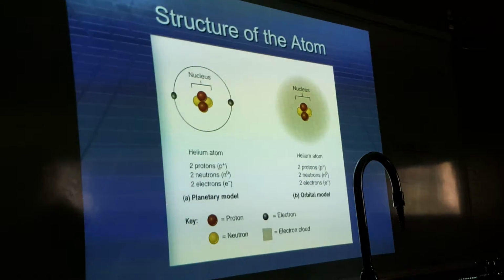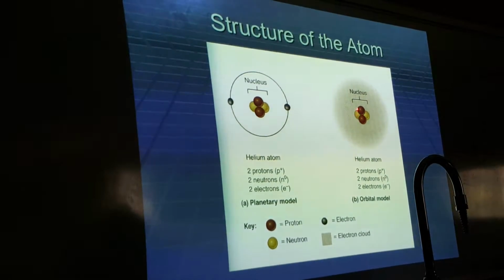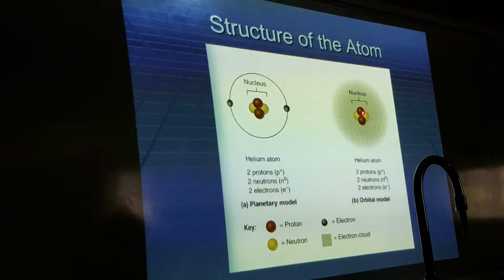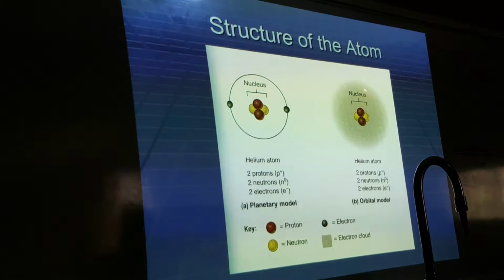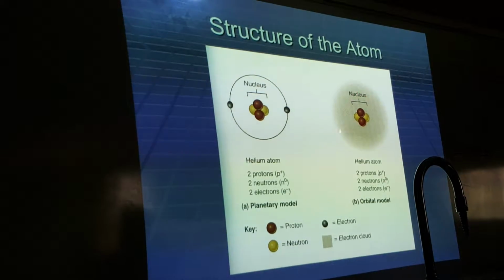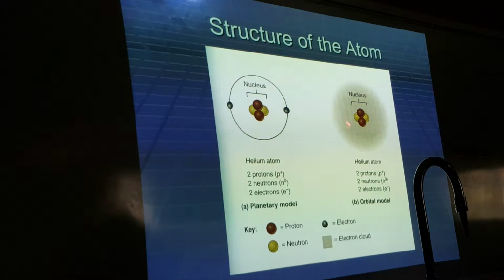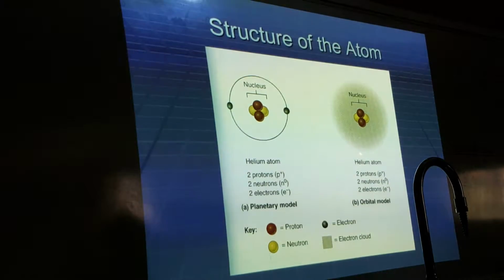It's more like you got the nucleus in the center, and there's the so-called electron cloud. And nobody really knows what the electrons are doing in that electron cloud. And for this little discussion, we don't care. It's just that they're there. The electron cloud forms the margin of the atom, and the atom is roughly spherical.